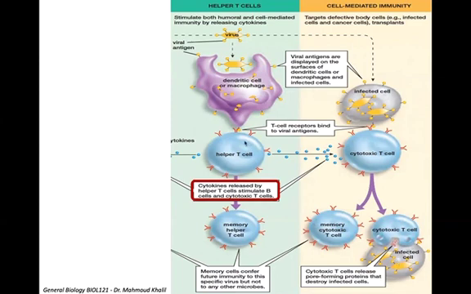And the cytokines released from the helper T cells can also stimulate the formation of memory helper T cells. So you can understand now that memory cells actually arise from every single type of lymphocyte.